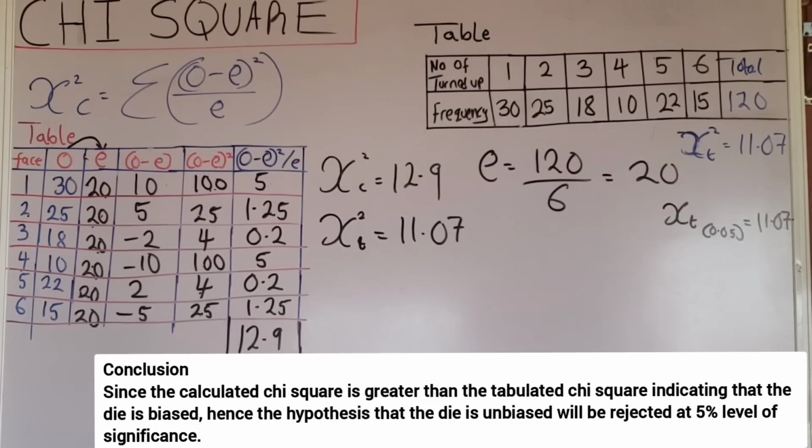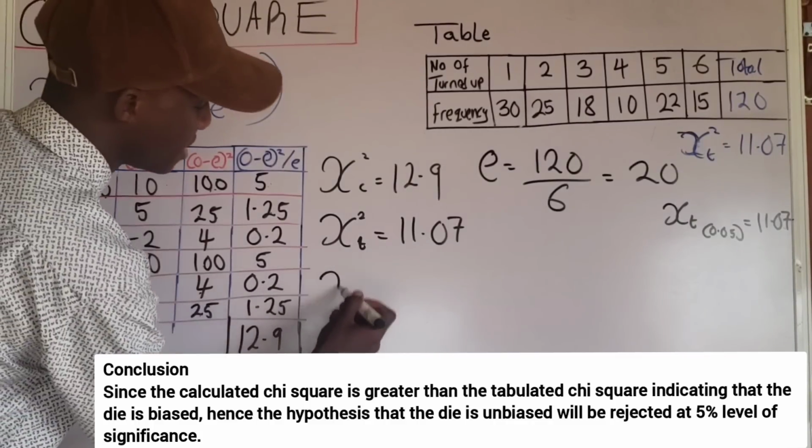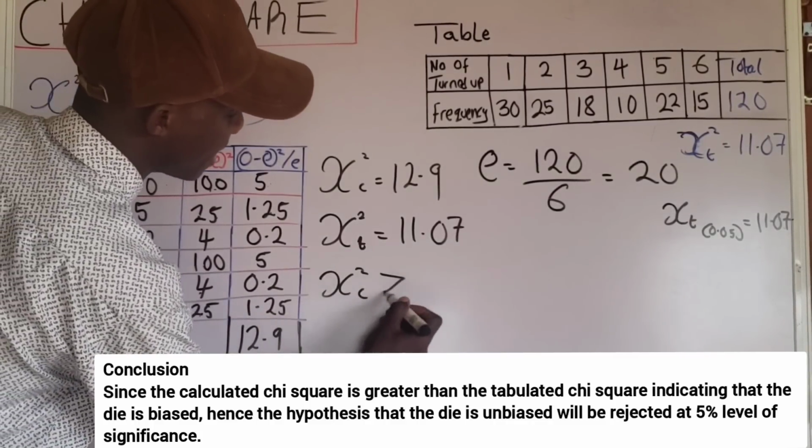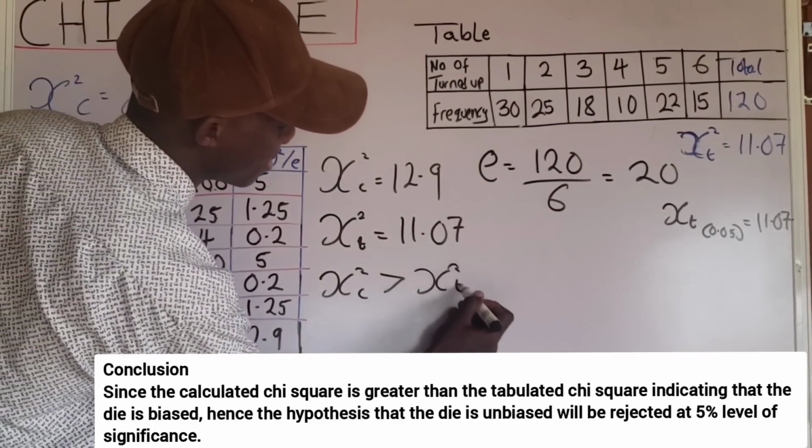See, if the calculated value of chi-squared is greater than the tabulated value of chi-squared, the hypothesis that the die is unbiased is rejected at the 5% level of significance. I'm going to explain, okay? You can see that the calculated chi-squared is greater than the tabulated chi-squared.